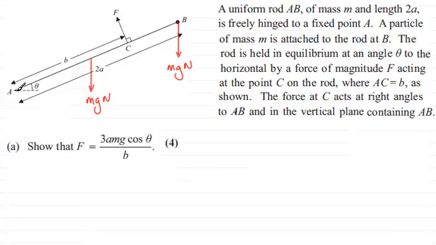And because A is fixed here at some point, there's going to be some kind of reaction force coming off the hinge. What I'm going to do is split that into 2 components. We'll say we've got one component that way, we'll call it x newtons, and another component going upwards, we'll call it y newtons.